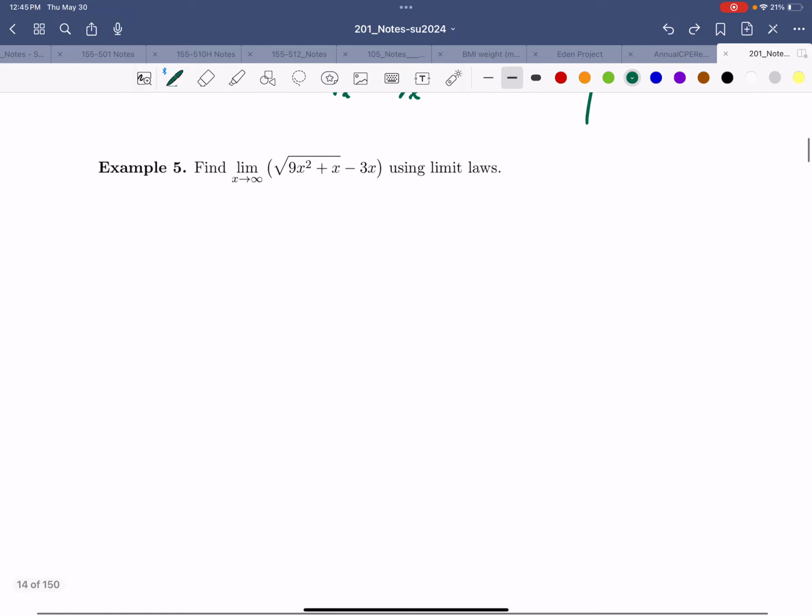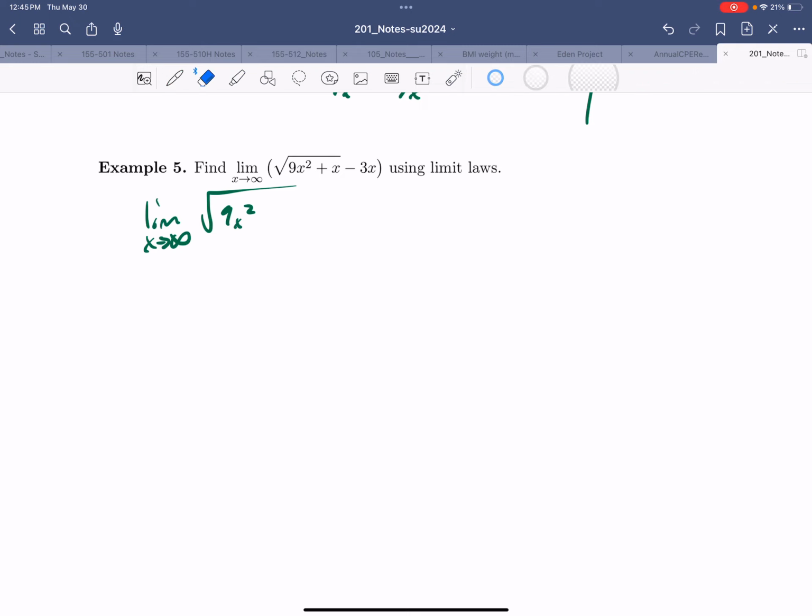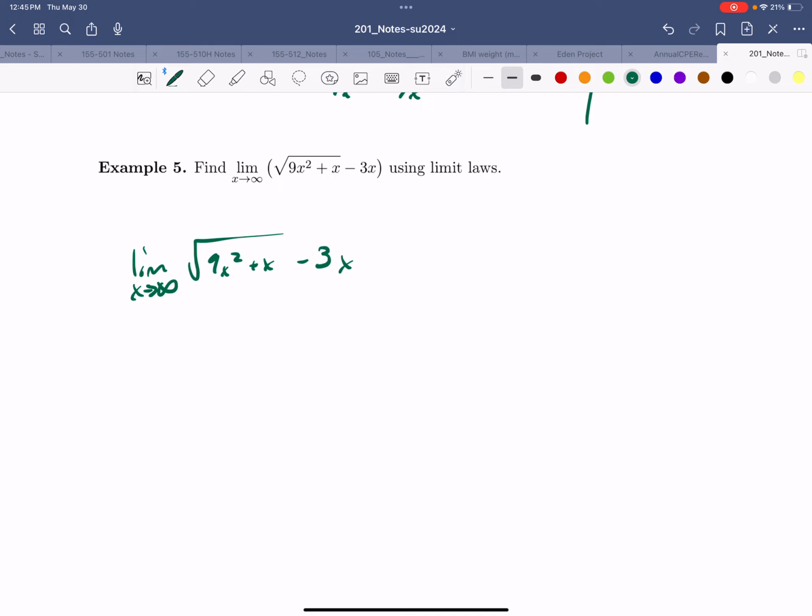Now let's take a look at example 5, a little more challenging. Right? X, once again, approaching infinity. I guess not negative infinity, but positive infinity. Here we have, well, again, this sort of infinity minus infinity situation, right?